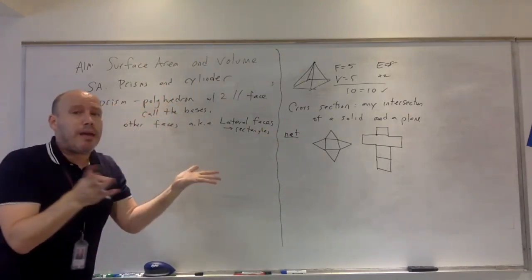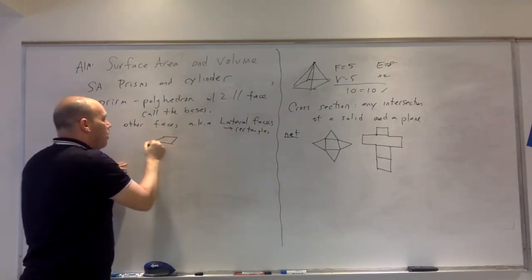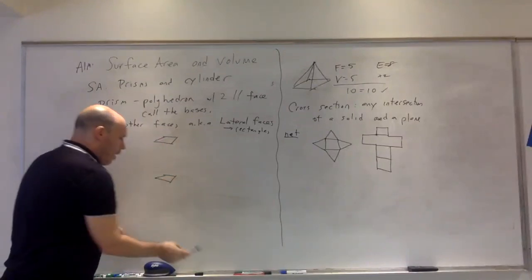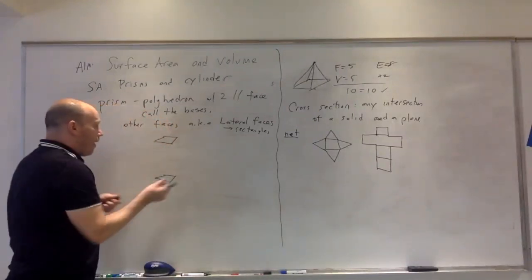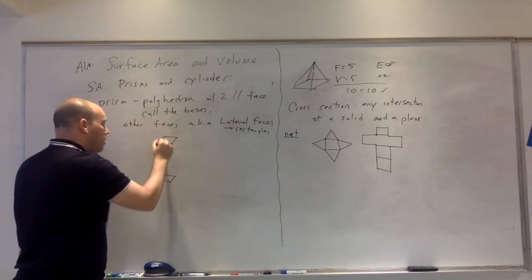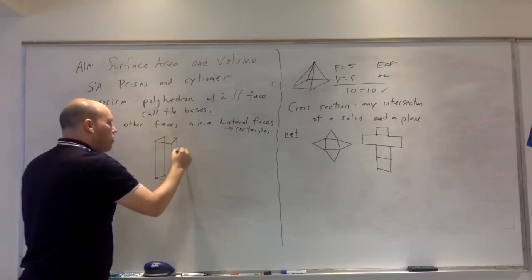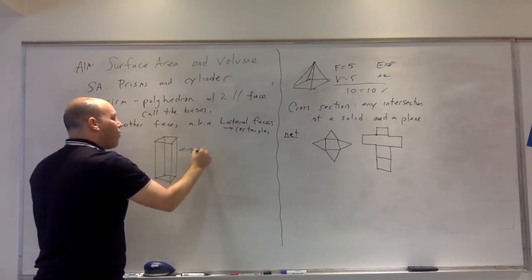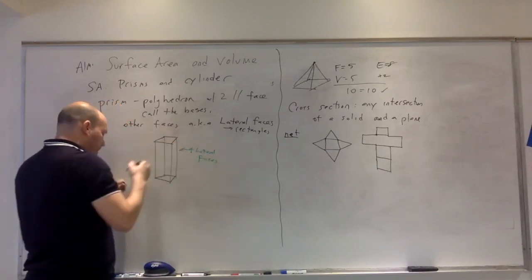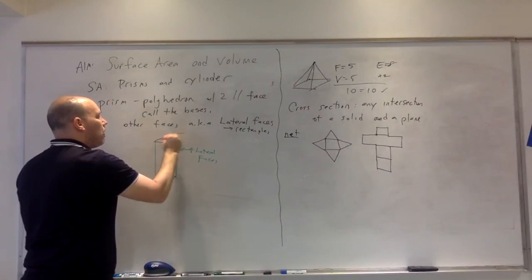Pick, I don't know, let's start with a square. And then we'll put a square at the bottom. And the idea is when we connect these, these are the four lateral faces. And these are considered, up here, this is the base.